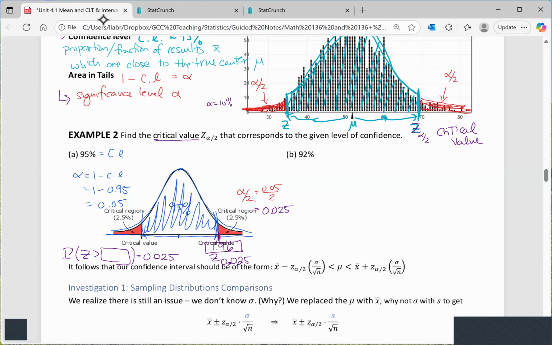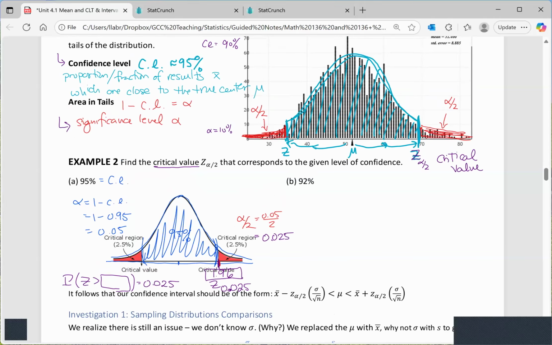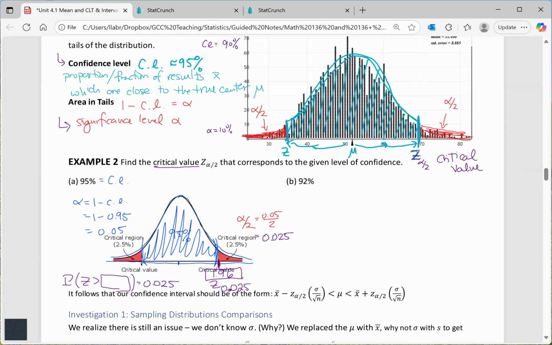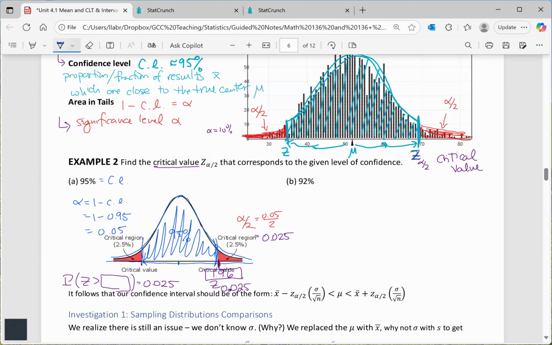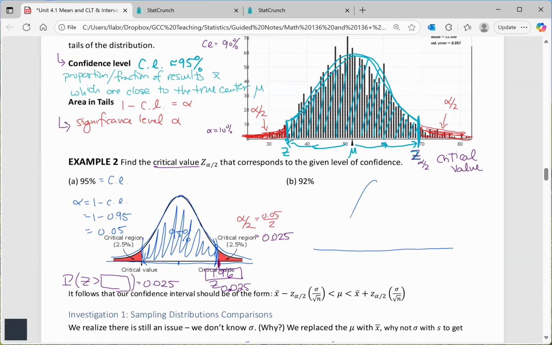All right, let's go ahead and find the critical value corresponding to 92% confidence. So that's part B. So go ahead and repeat the same steps. I can help you by starting with our sketch. And remember that we want 92%.